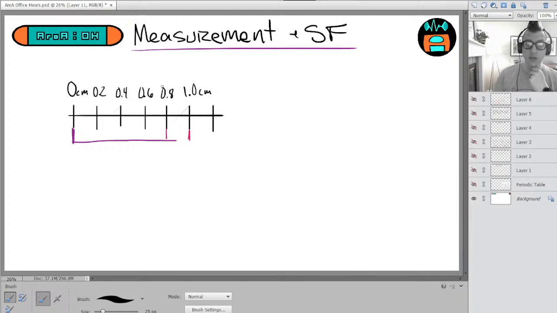Well, the answer is we're limited by the instrument we're using to make this measurement. The answer is this string is 0.8 something centimeters. It's not 0.8 centimeters, it's 0.8 and some extra. I'm going to call this 0.8 centimeters.